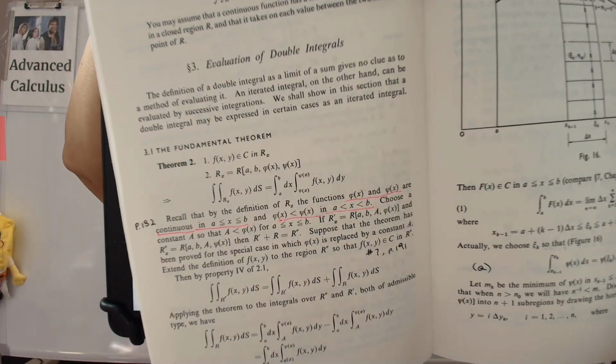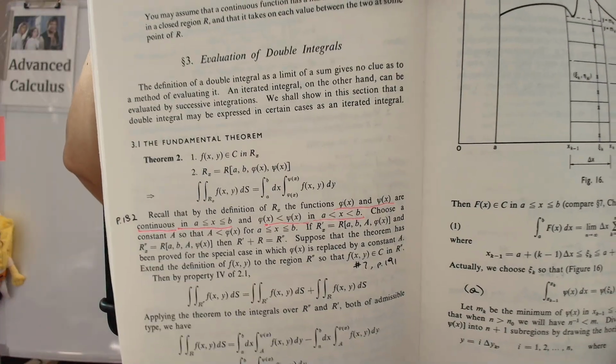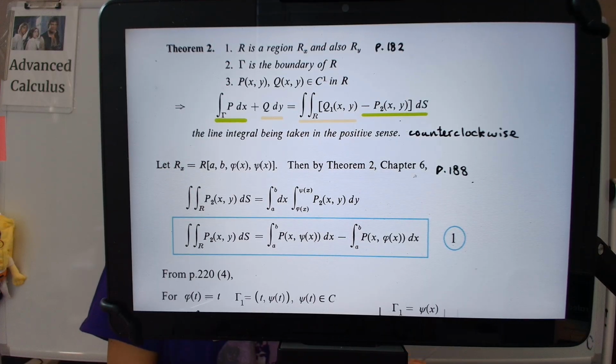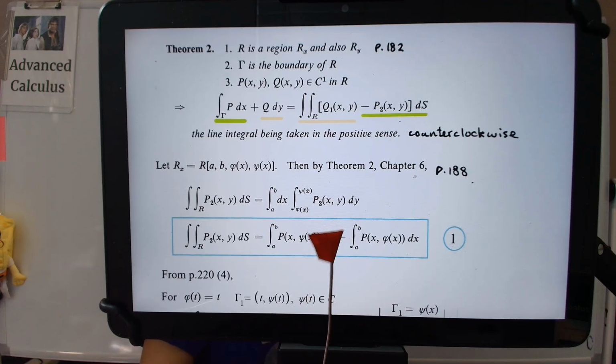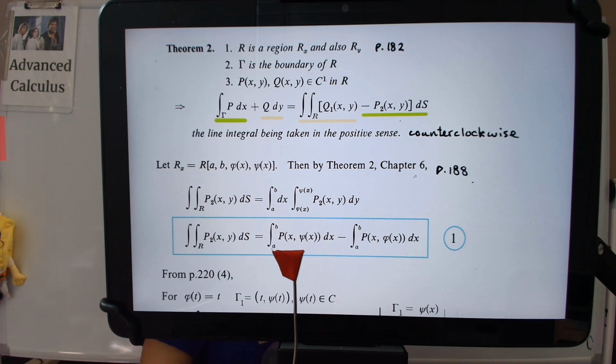See, the double integral equals the iterated integral. So then, knowing that, we can calculate, being that this is P2 right here. If it's P2, then it's the second derivative that's taken with respect to y, so we can just apply the fundamental theorem, which equals the top subtracted by the bottom. So far, so good.